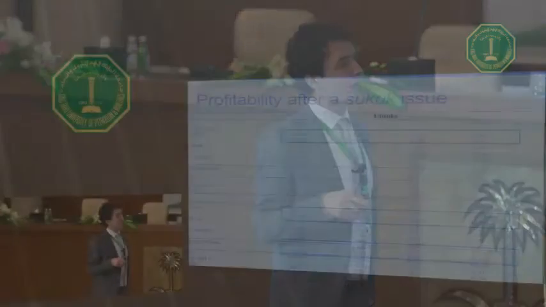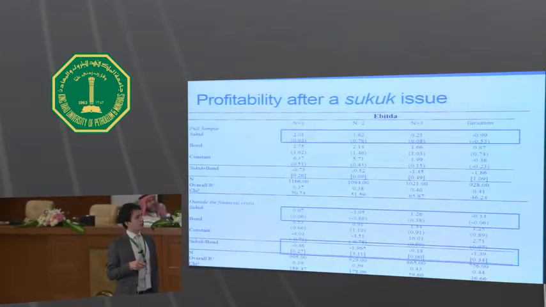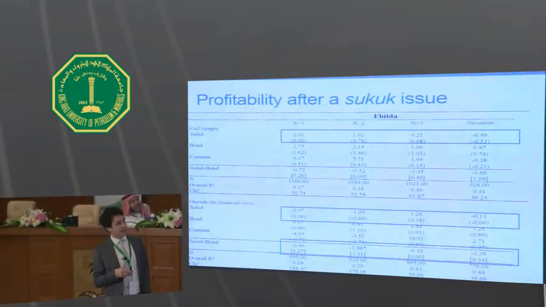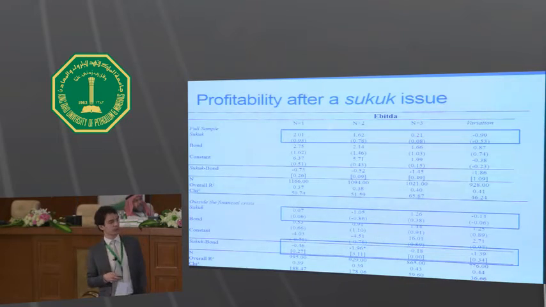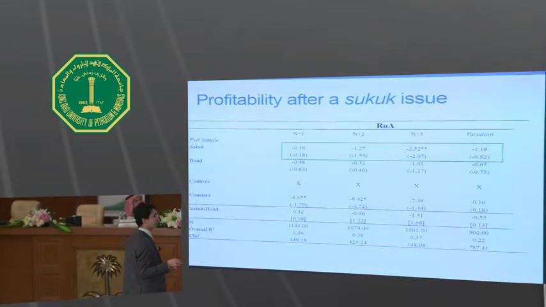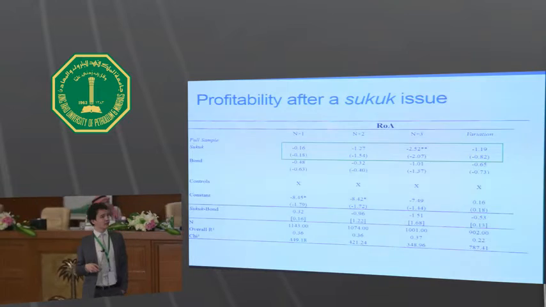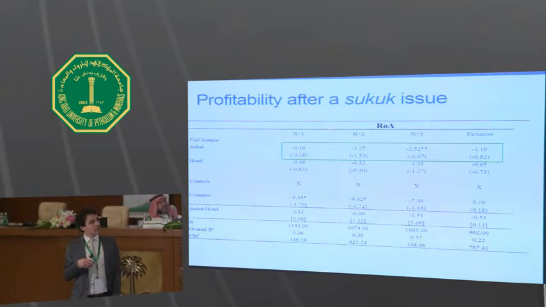If you quickly look at the result, here I just show the variable of interest. You can see that on EBITDA there is still no impact. Slightly a difference between the two dummies here, but it's not really important. If you look at the return on asset here, we may have something more interesting.